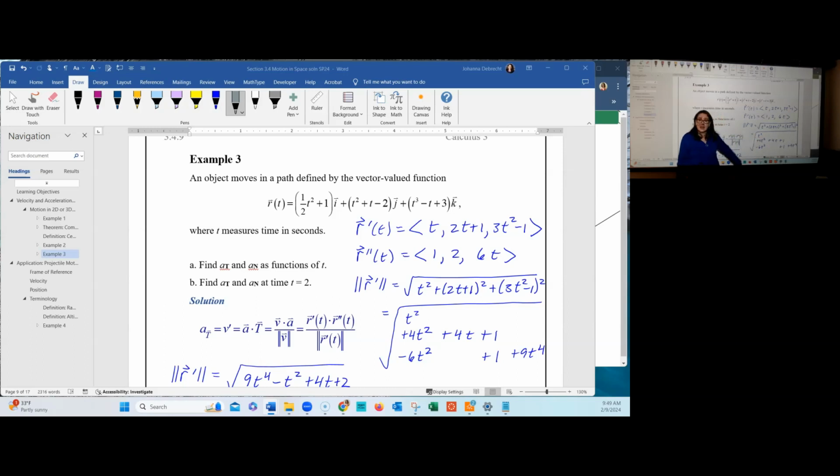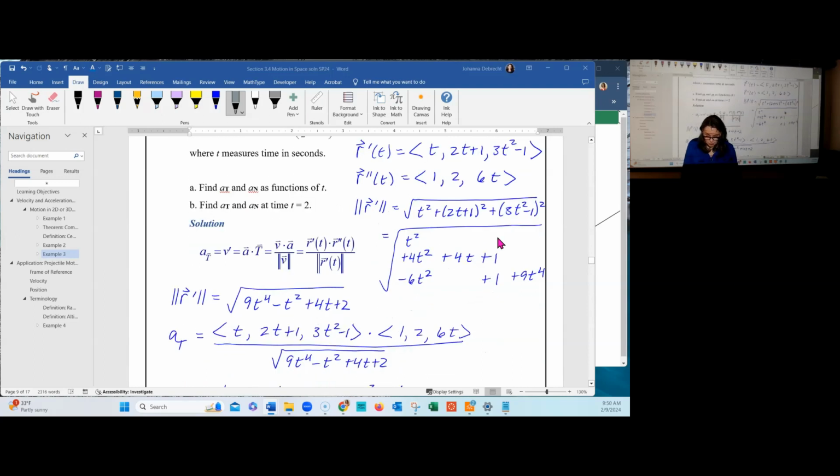Now I ended up with a 9t to the fourth, which I didn't leave enough space at the front, so I tucked it at the back. But when I rewrote it, I moved it to the front. And then I applied the formula that you see here, that the tangential component of acceleration is the dot product of the velocity vector with the acceleration vector divided by speed.